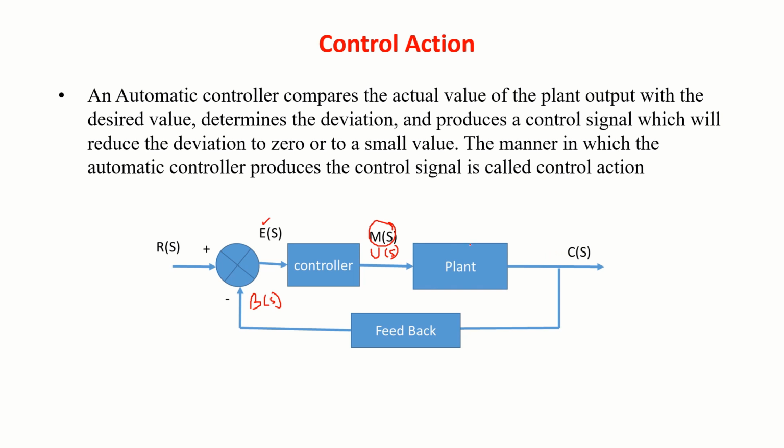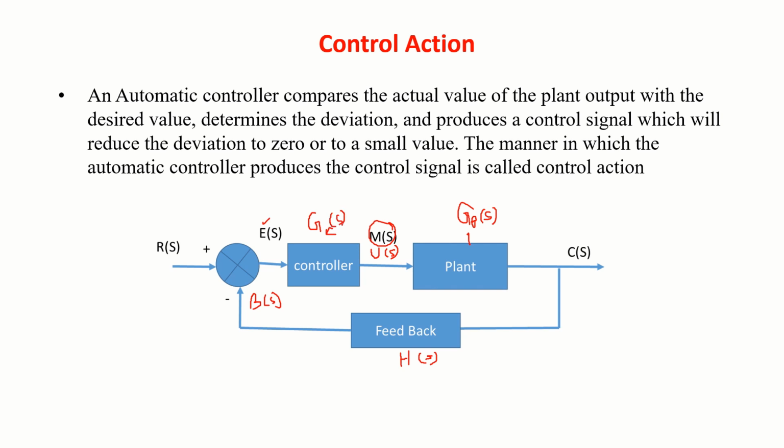So far we were representing the plant as, let us say, G of S or GP of S. You call it the plant transfer function. This feedback is H of S, and let us represent the controller as GC of S, controller transfer function.